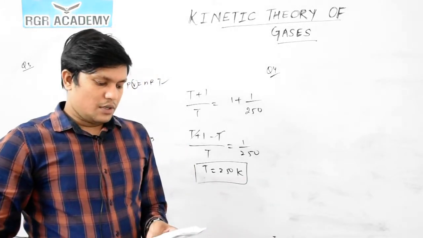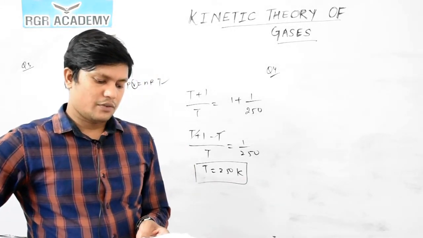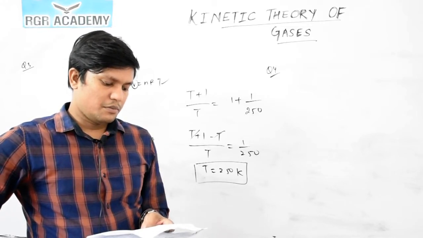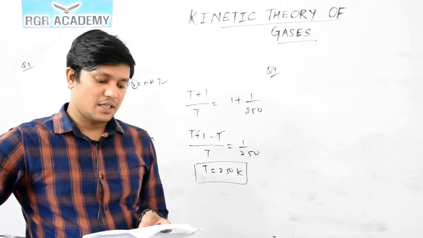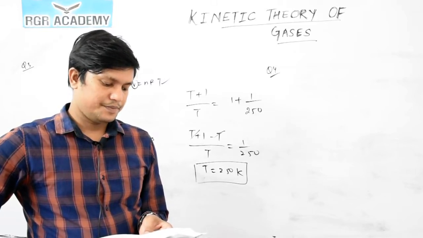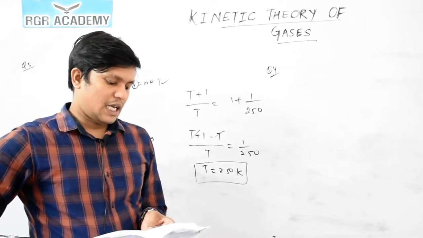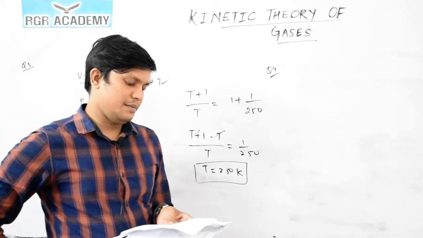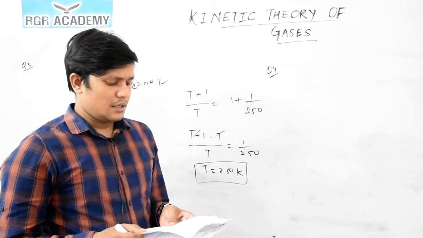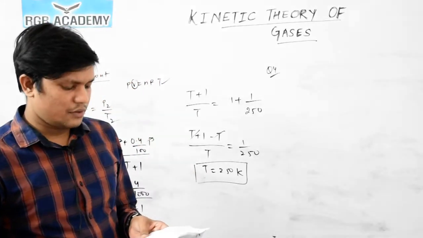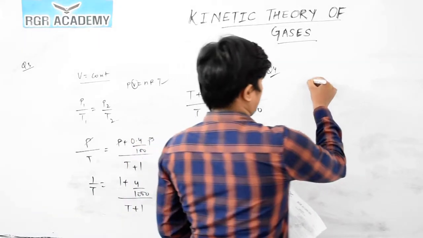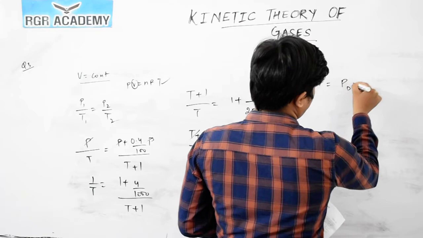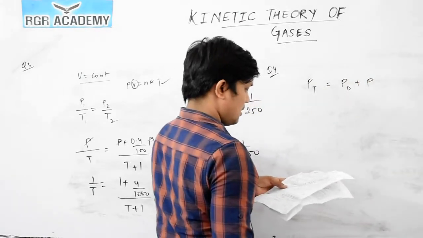In question number 4, a gas is collected over water at 25 degrees Celsius. The total pressure of the moist gas was 735 millimeter of mercury. If the aqueous vapor pressure at 25 degrees Celsius is 23.8 millimeter of Hg, then what is the pressure of the dry gas? Total pressure is equal to pressure of dry gas plus pressure due to vapor.